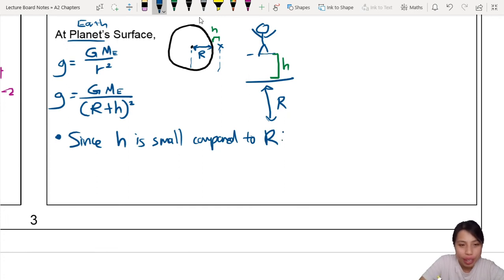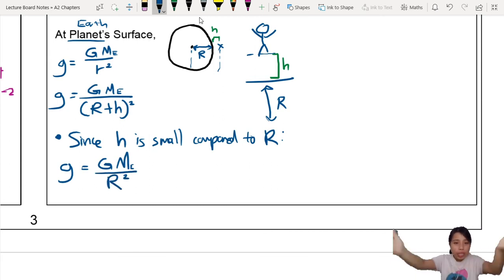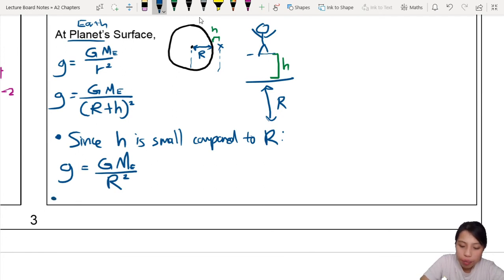Since H is so small compared to R, you can ignore the H. So g equals GM over R squared. The small h disappears already. Because if you calculate and see, you take the radius of the Earth plus some height, you'll find that it's not much of a difference. So this is the case.